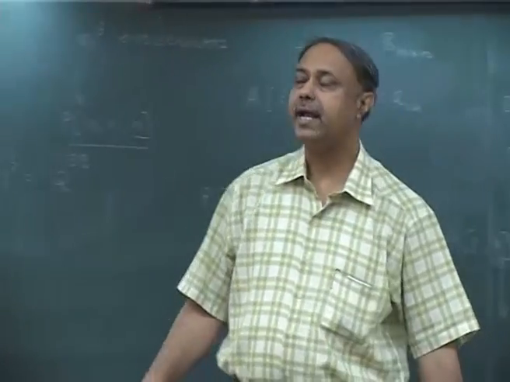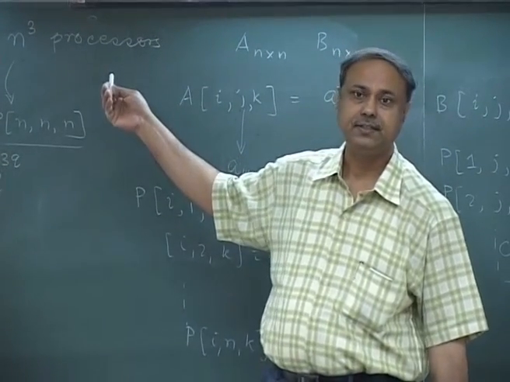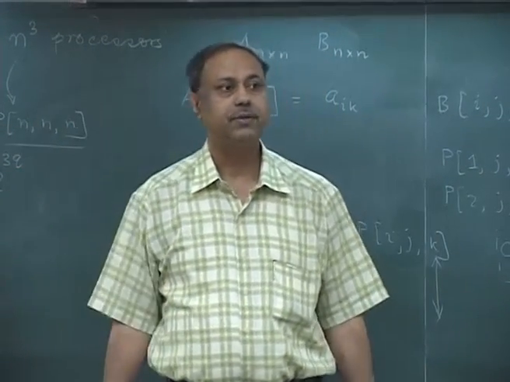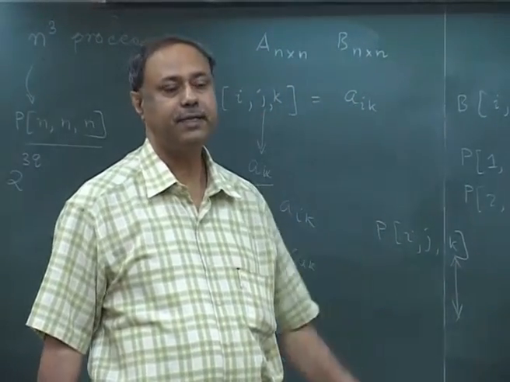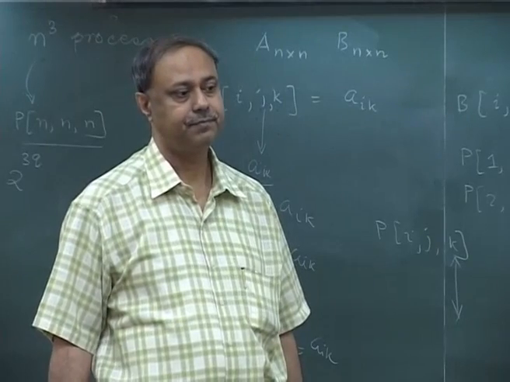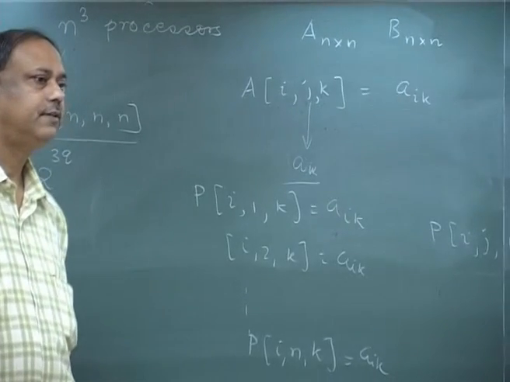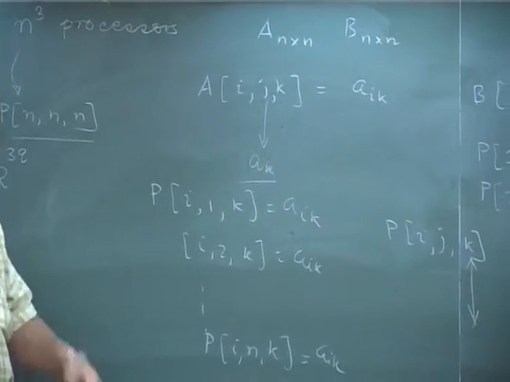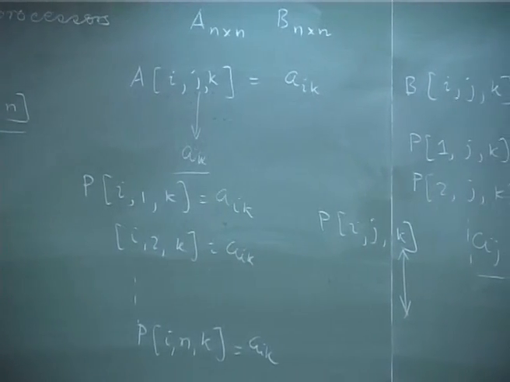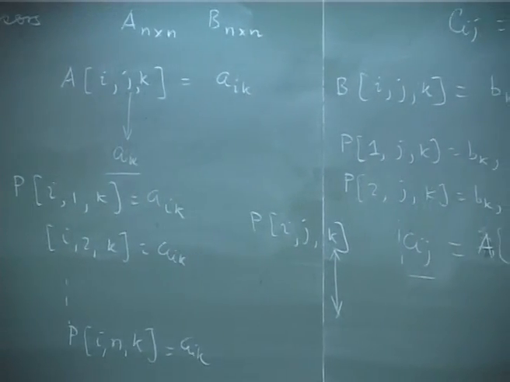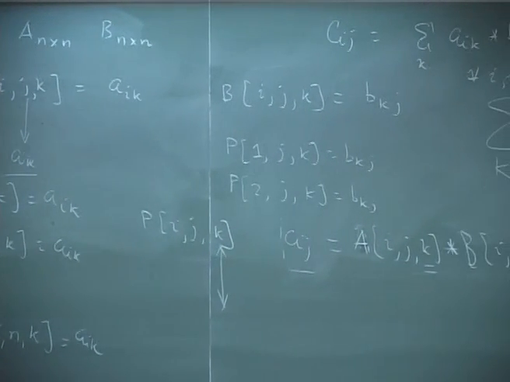If you have n cube processors, then log n steps are sufficient to give you the matrix multiplication. So cost is n cube log n. So any query on this? Here you observe that matrix multiplication has been properly, cleverly used for hypercube.